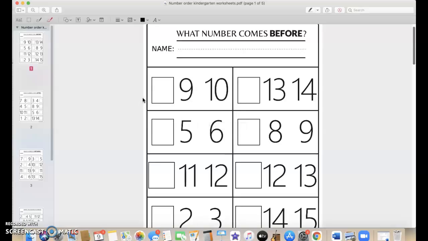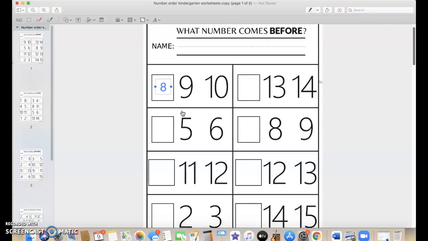So if we count in standard order, it goes 1, 2, 3, 4, 5, 6, 7, 8, 9, 10. So we just said 9 and 10. And 8 comes before 9 and 10. So we're going to go ahead and write 8 right here in this box.